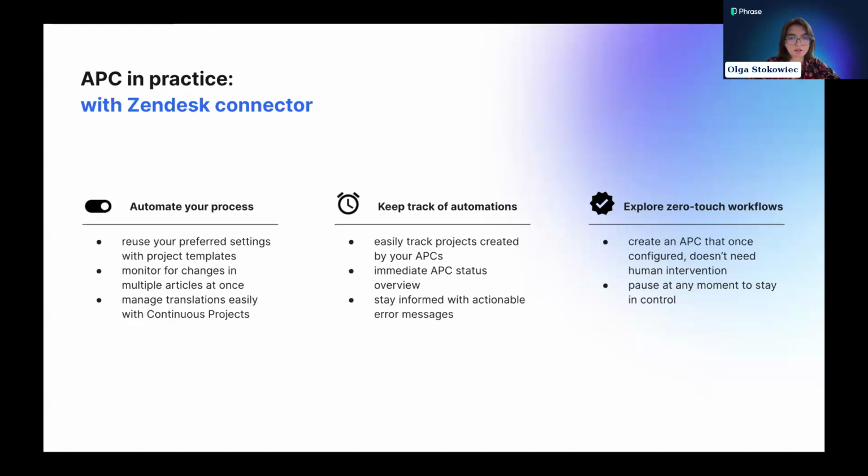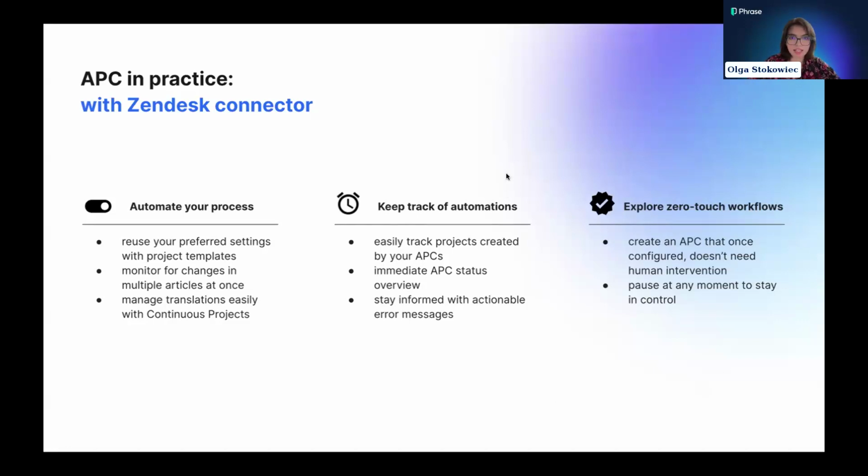So how to get the status overview, how to stay informed, and how to make sure that everything is on track. And then as a little bit of an extra, I will show which settings to apply in order to explore and play around with zero-touch workflows, and how we can potentially scale that and use that in our processes.